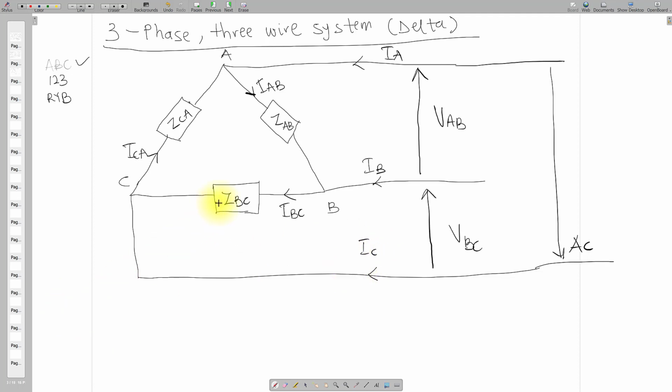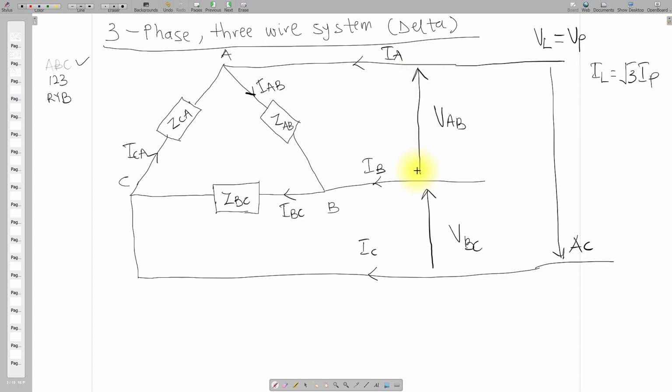So very simple. In the delta, the voltage between these lines is the same voltage across the phase. So in delta we say that the line voltage is equal to the phase voltage, and the line current is equal to root 3 IP. That is in delta.